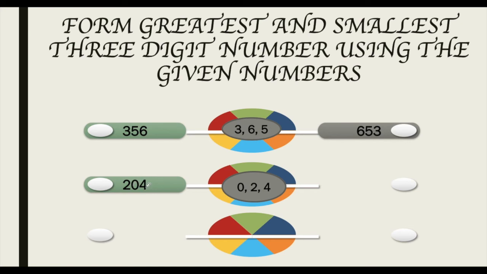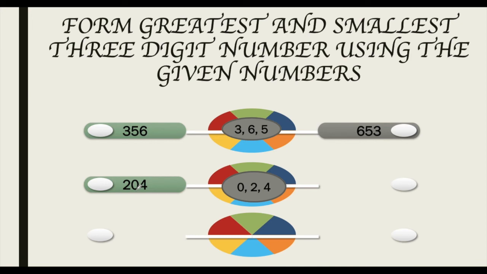So when you get 0, you have to place the 0 in the second place, next to the next smallest number. So here we have 0, 2 and 4. After 0, 2 is the next smallest number.